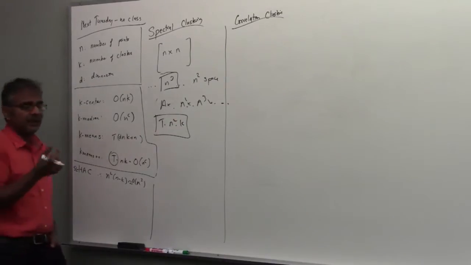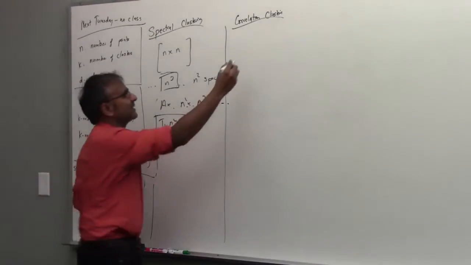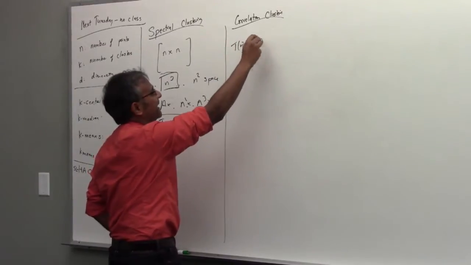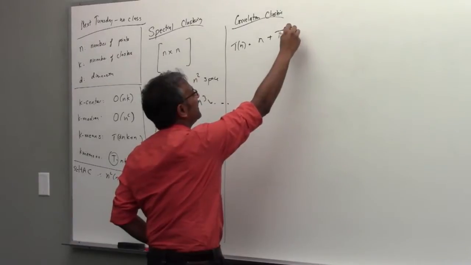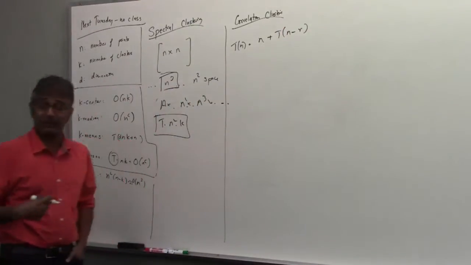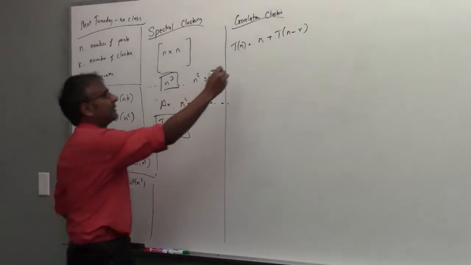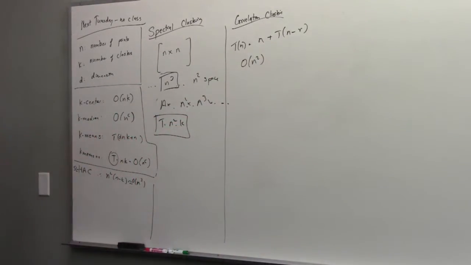Once you do that, you remove that set, so the running time is T of n: you're going to pay n time just to do this first scan, and then T of n minus r, where r is the number of points you actually pulled into your cluster. You don't know that ahead of time. So in the worst case, you might pull in just a little bit and everything else may not be pulled in. So this could, in the worst case, be something like O of n squared. But it could be a lot better. It depends on the data.